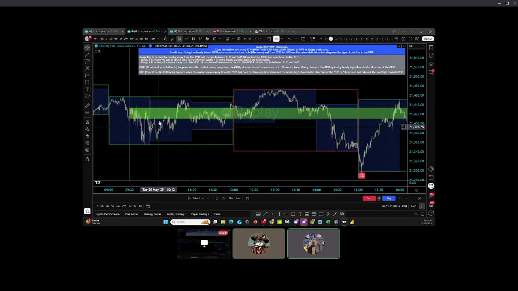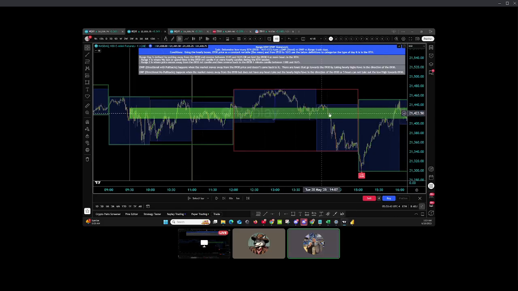So this is a representation of a range 1. You have the 9 o'clock hour, that's hour 1. You have the 10 o'clock hour, that's hour 2, touching or swiping through this green box, which is known as the 9:30. You have the 11 o'clock hour, that's hour 3, the 12 o'clock hour, that's hour 4, and so forth for the rest of the day, you make out with the 9:30 price.